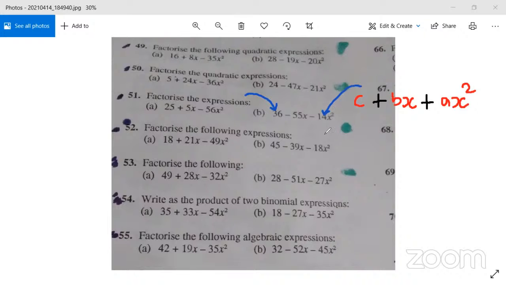So how on God's earth would we have a 36, a 14, and it would result in 55, especially when both signs are negative? You have a negative here and a negative here. That indicates that one of the numbers is negative and the other number is positive, with the larger number being negative, right?